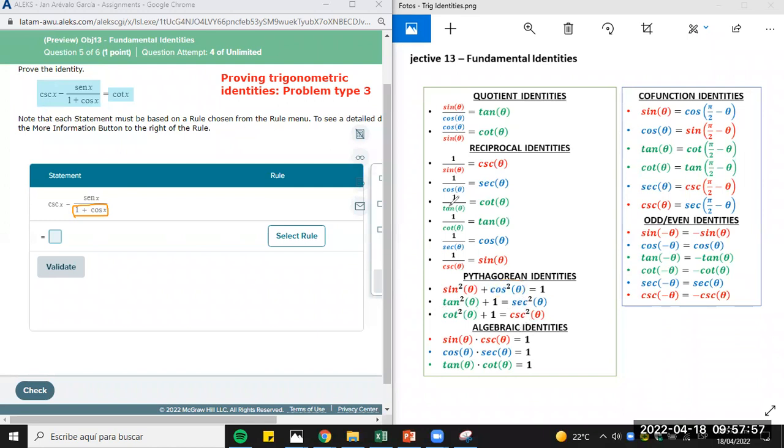We could use this Pythagorean identity if we have the squares, because sine squared of the angle would be 1 minus cosine squared. But first, we don't have the square and we don't have the negative in the cosine, so we cannot use it. But what we will do is multiplying by 1.